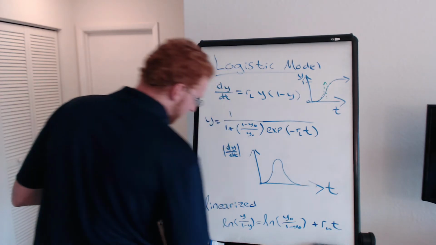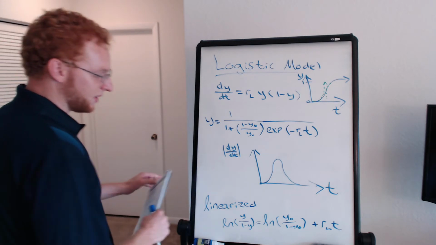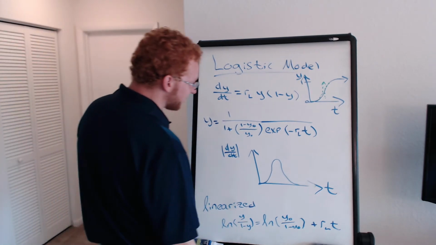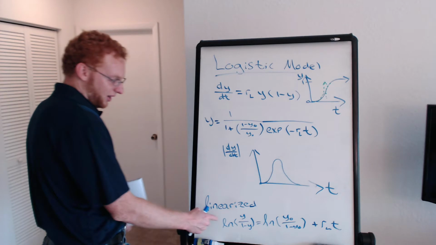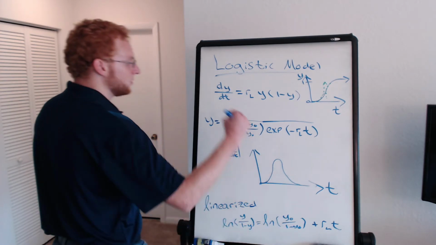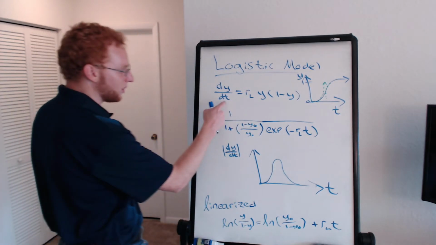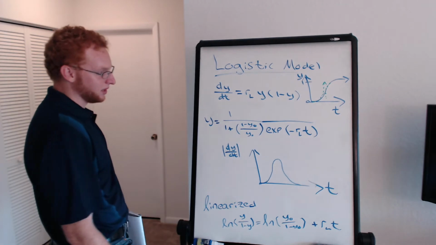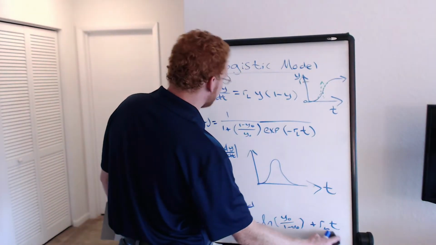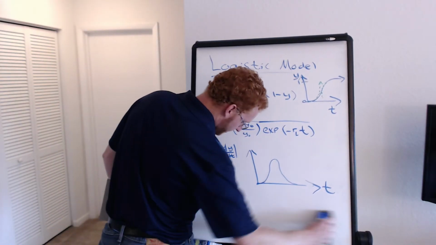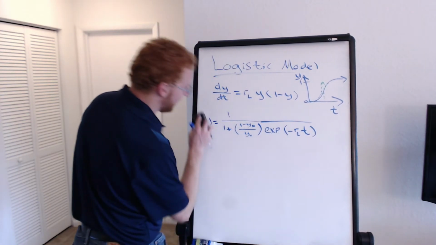Sometimes the linearized form is easier to work with, easier to solve for the parameter estimates. Then once you get the parameter estimates for this form, you can transform them back to whichever form you're interested in. So that's that.